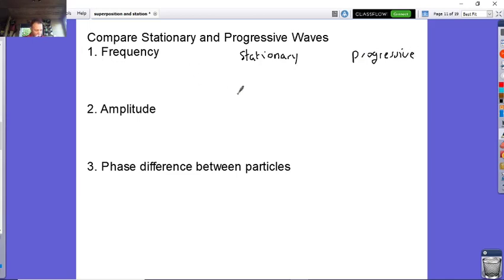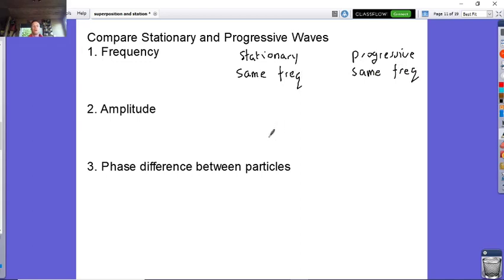Now, basically, in stationary waves, all the particles go up and down. They're all going to have the same frequency. And in the progressive wave, again, all the particles must vibrate up and down at the same frequency.